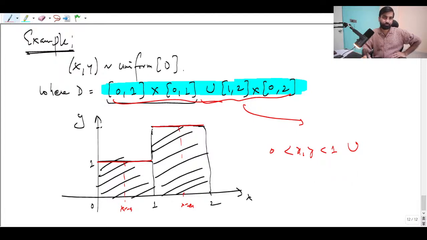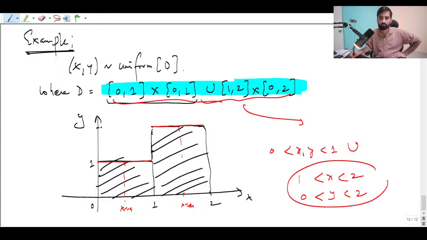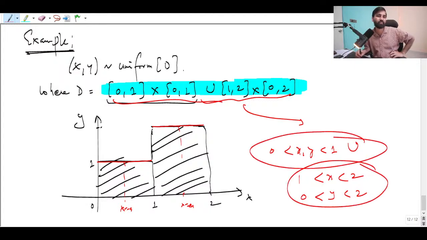X lying between 1 to 2 and Y lying between 0 to 2. They can give this in the form of inequalities too.